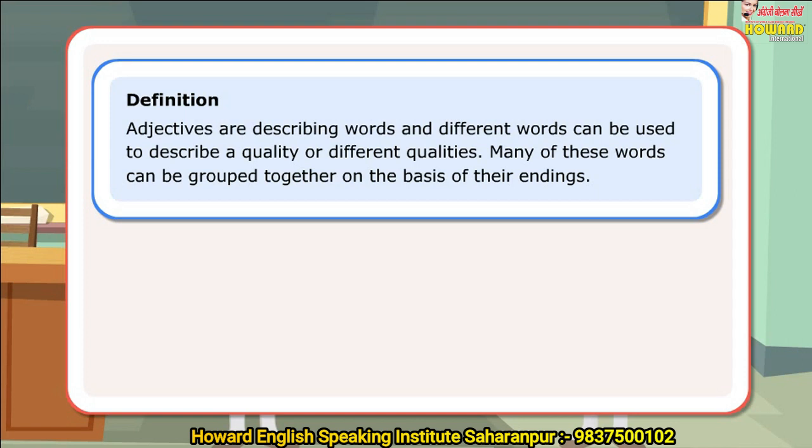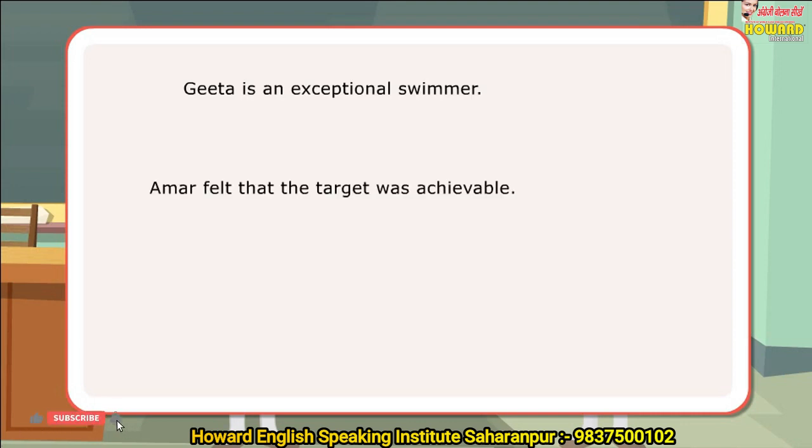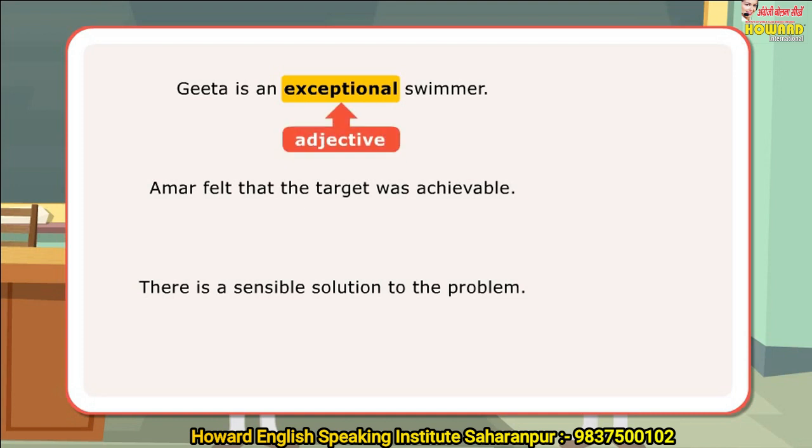Let us look at a few sentences. Geeta is an exceptional swimmer. Amar felt that the target was achievable. There is a sensible solution to the problem. In the first sentence, exceptional belongs to the group of adjectives ending with al like sensational, external.